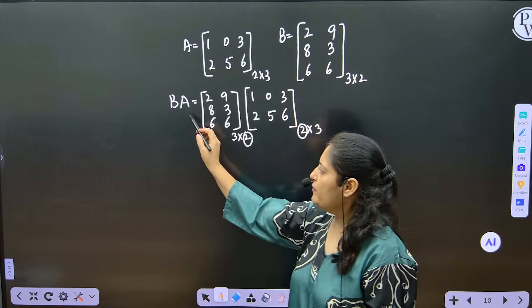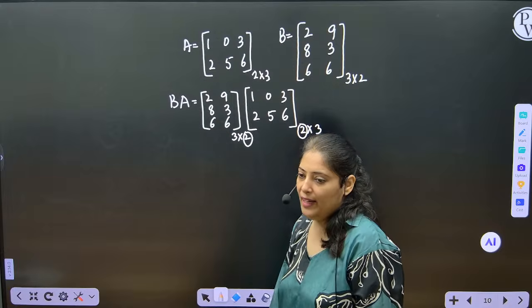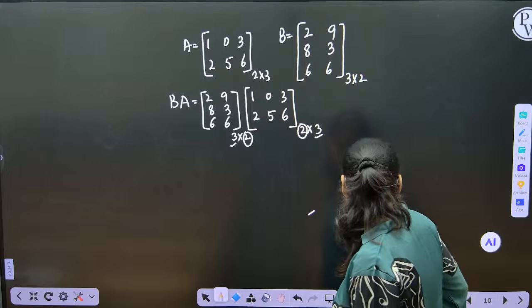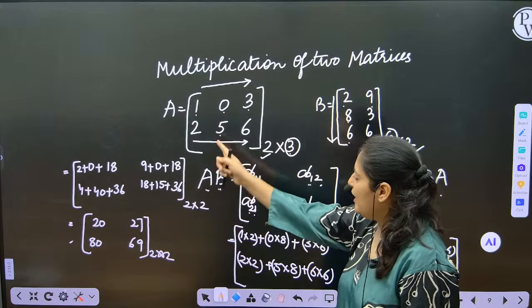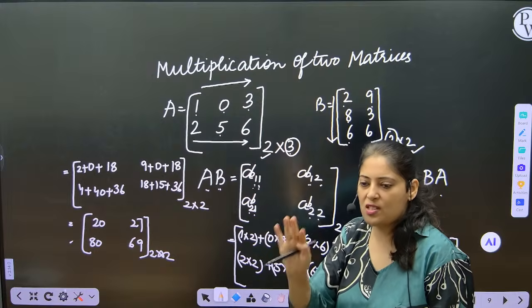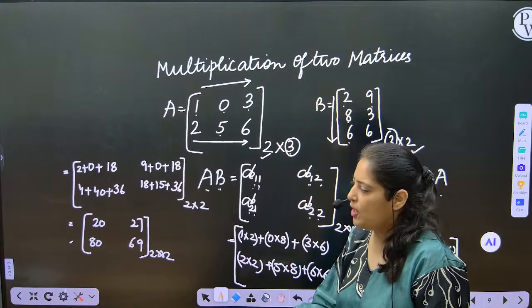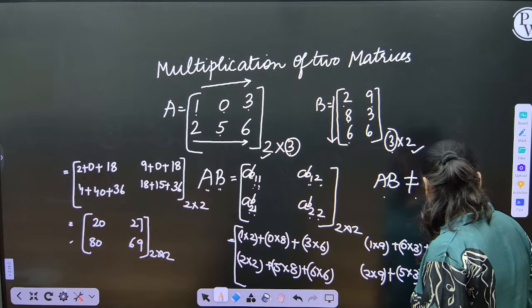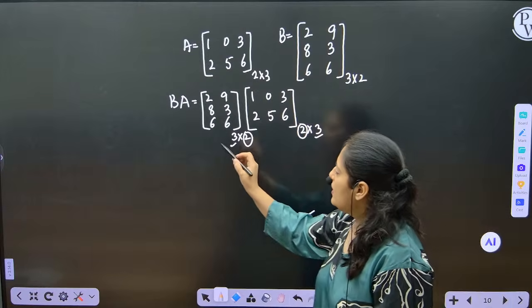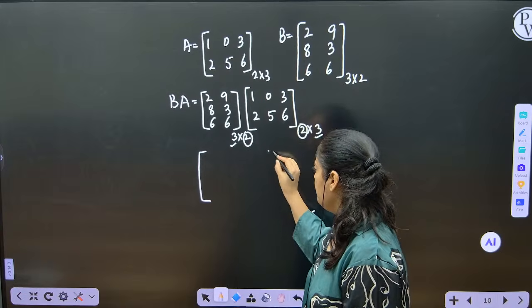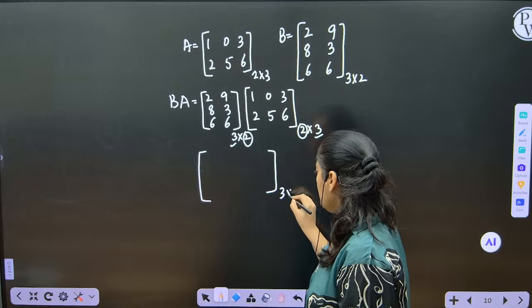So now when we multiply B and A, the order will come out to be 3 cross 3, and when we did AB, the order was 2 cross 2. So the orders are not equal, so anyhow the answer will not come out to be equal. Okay, but I'll tell you how. Now a 3 cross 3 answer will come.